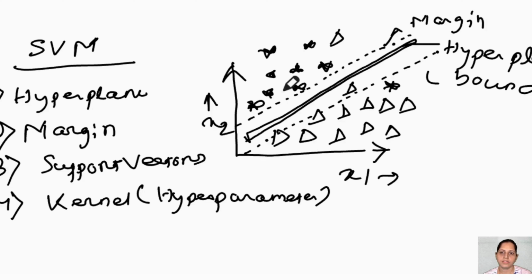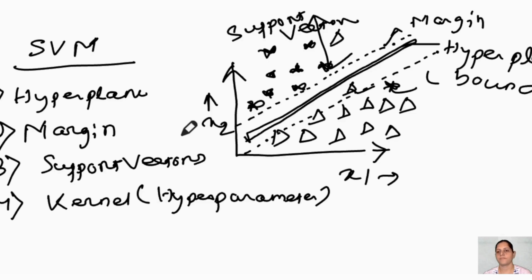Then, these points which you are seeing near, right? This one, this one, this one, this one. These are nothing but my support vectors, right?